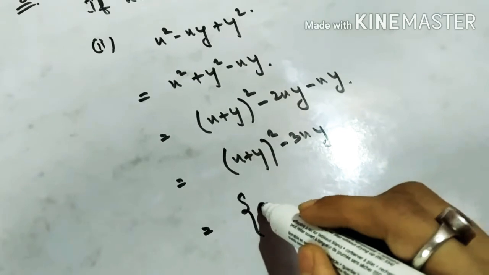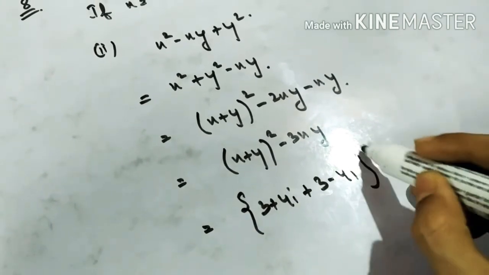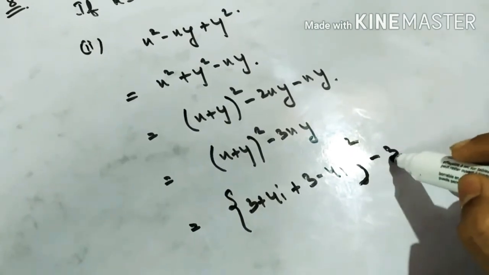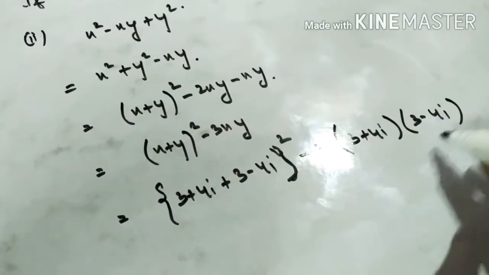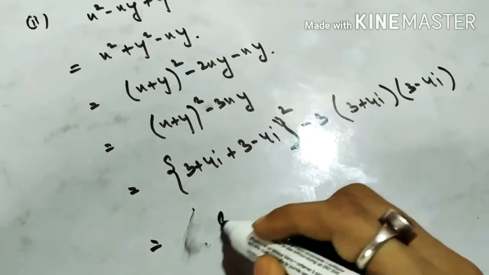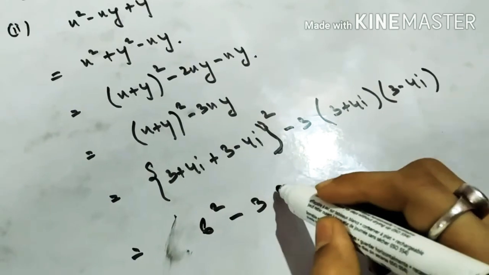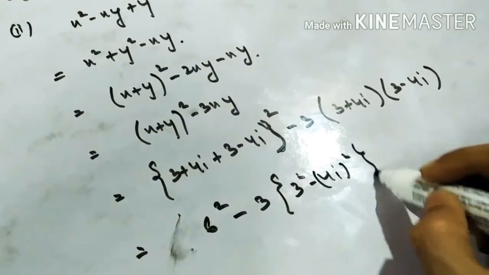So this I can write as (3 plus 4i plus 3 minus 4i) to the power 2 minus 3 times (3 plus 4i) into (3 minus 4i). So this I can write as 6 square minus 3 times (3 square minus (4i) the whole square).